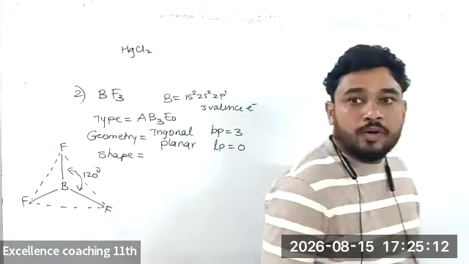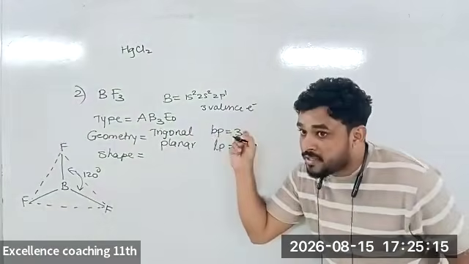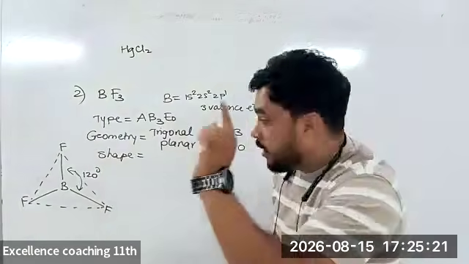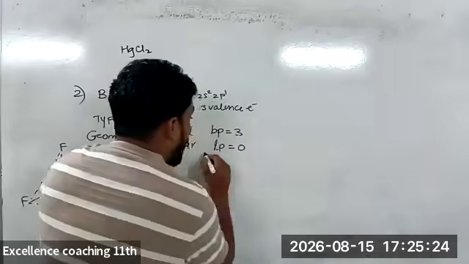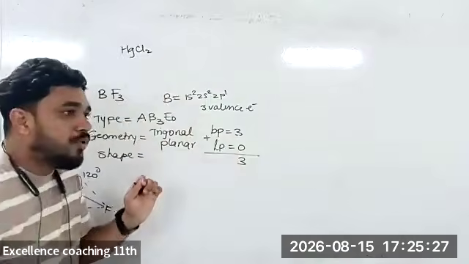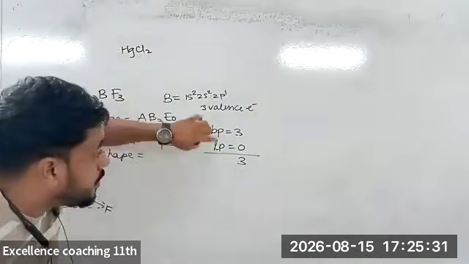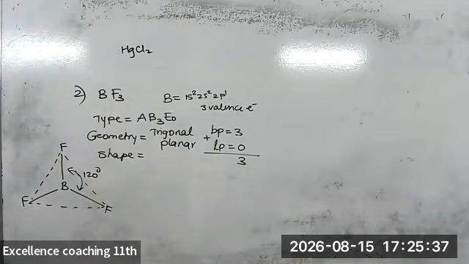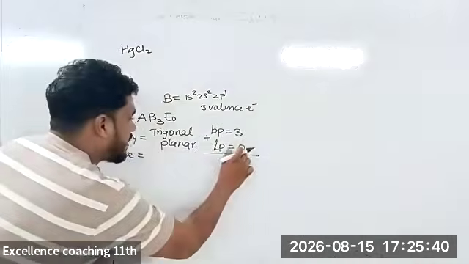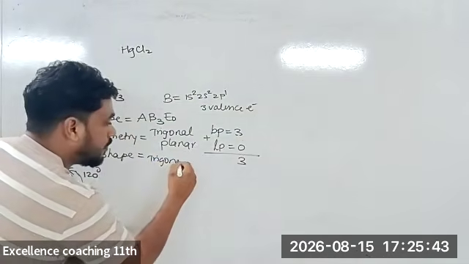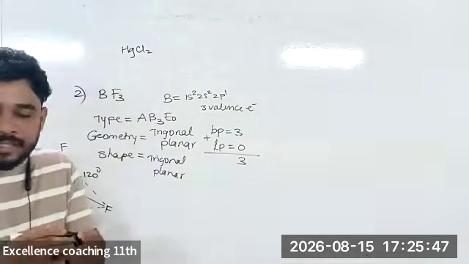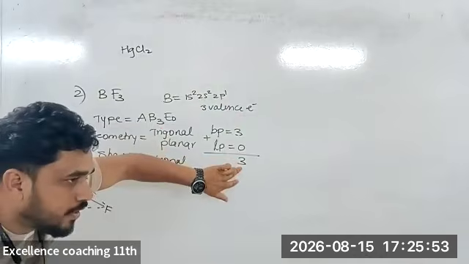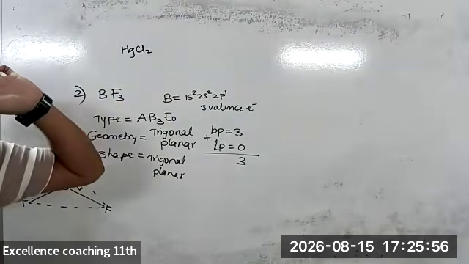Whenever the total count of lone pairs plus bond pairs is 3, your geometry will always be trigonal planar.